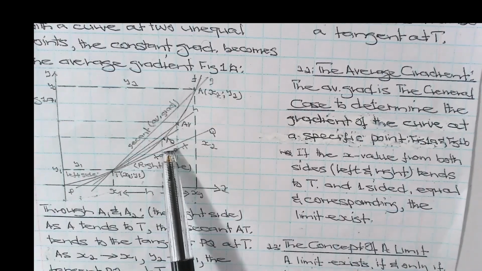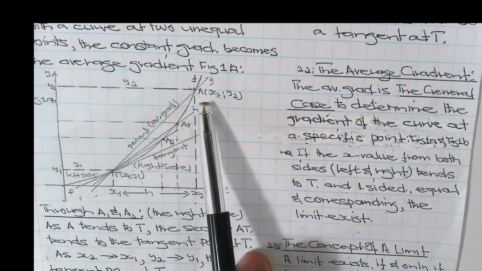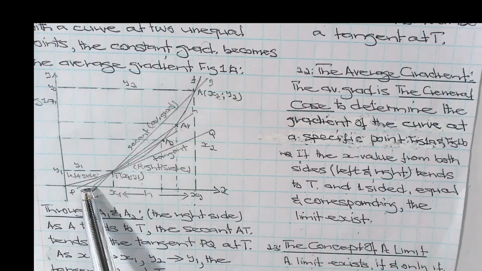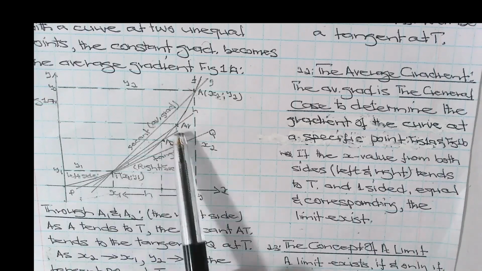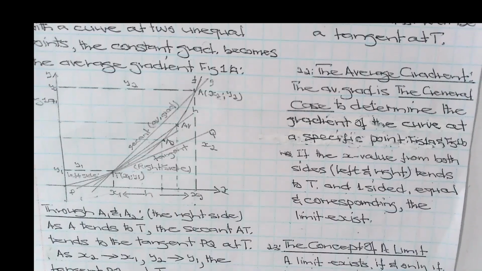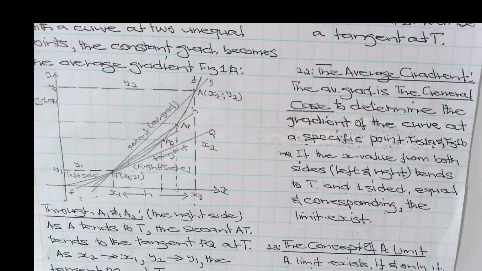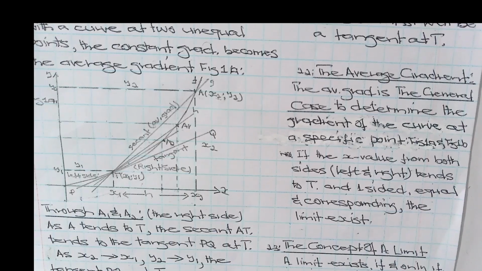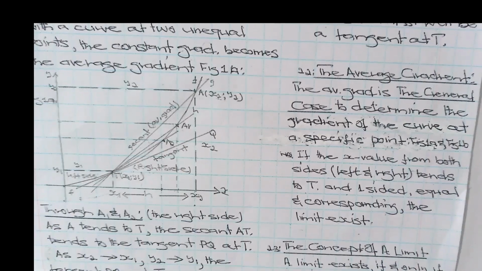It can be at A2, at A1, or at A itself. Along the curve, there is a variety of gradients. The gradients of a curve are not constant. And to get the gradient at that particular point, we use the average gradient, the secant line, to get the tangent gradient.